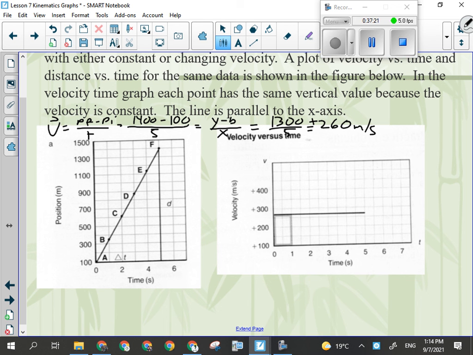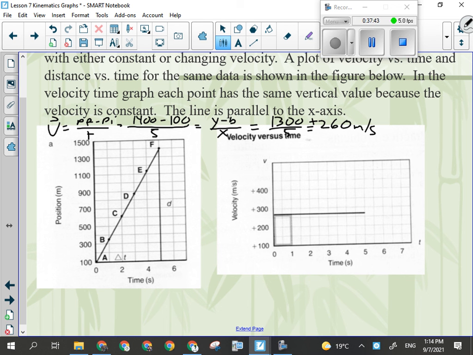Okay, so according to this graph and the calculation I just made, my total displacement on this trip is how many meters? What's my total displacement? Nope.